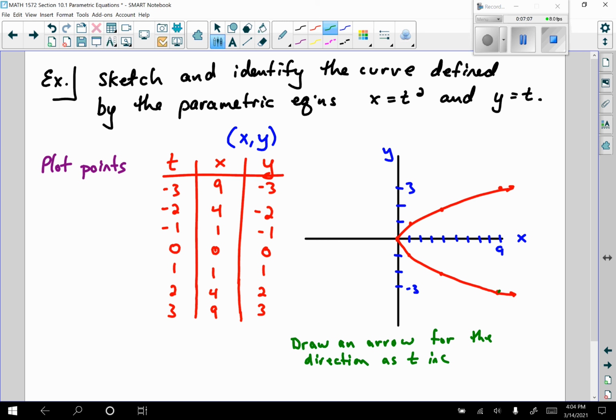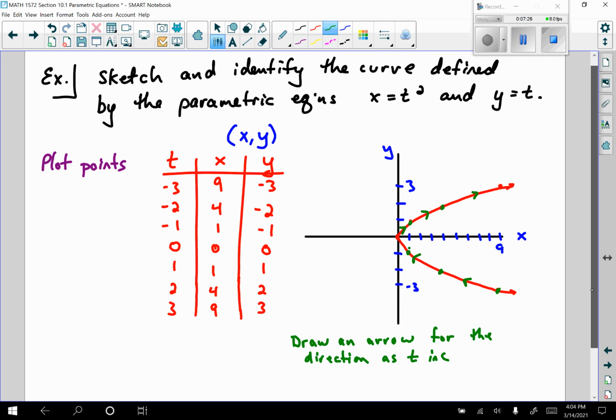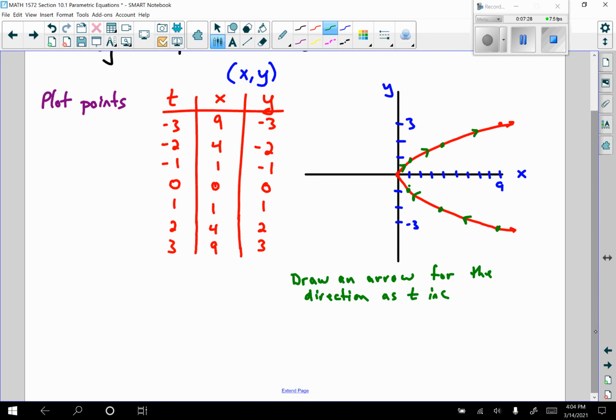We started over here at this point, and then as t is increasing, we move to this point. So we're going in this direction. And once we hit up here, now as t increases, we were getting these other points. So those arrows are us tracing out the direction here. So the curve is traced out in this direction.